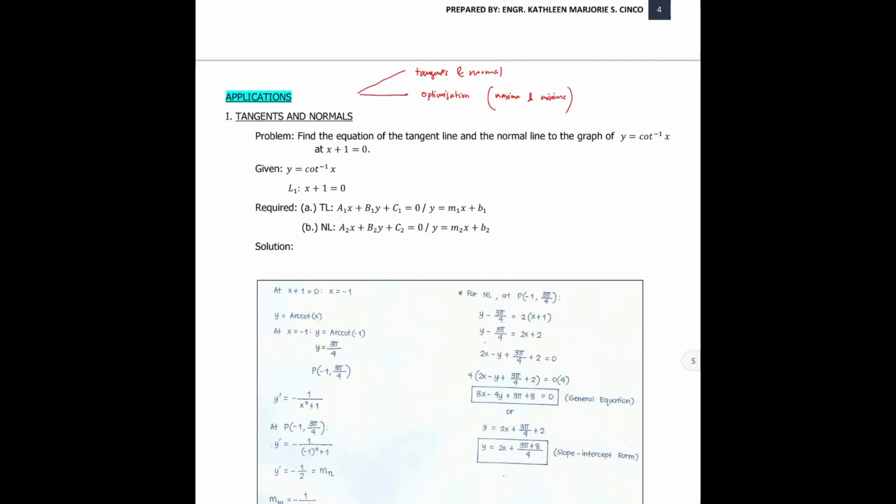So if this is not familiar with you yet, ginagamit na to ang derivation to evaluate the maximum value or the minimum value that the function, the curve yields. So mao na siya ang idea or tumong sa optimization. Then ang third application would be related rates.